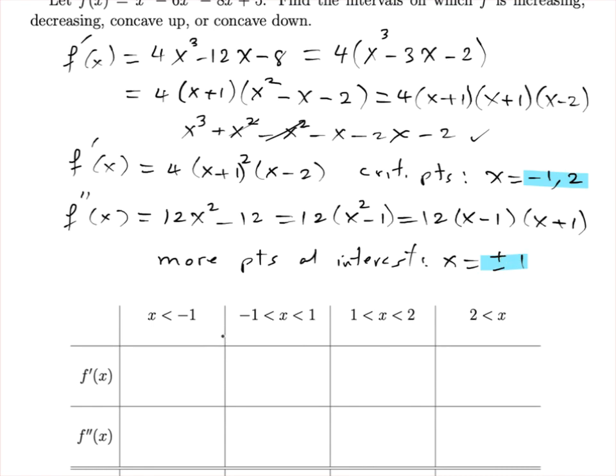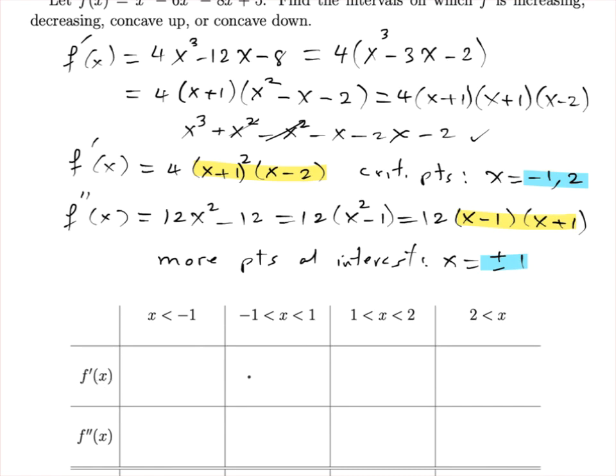So the negative 1 is here, right? And this is plus 1, and this is 2. So we look at the factored forms of f prime and f double prime, and then we can figure out the signs, whether they are positive or negative.